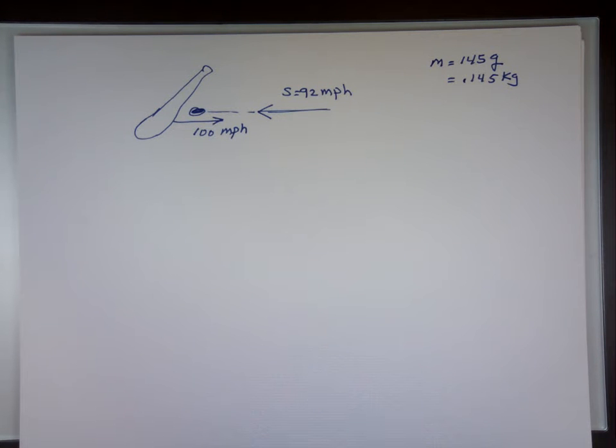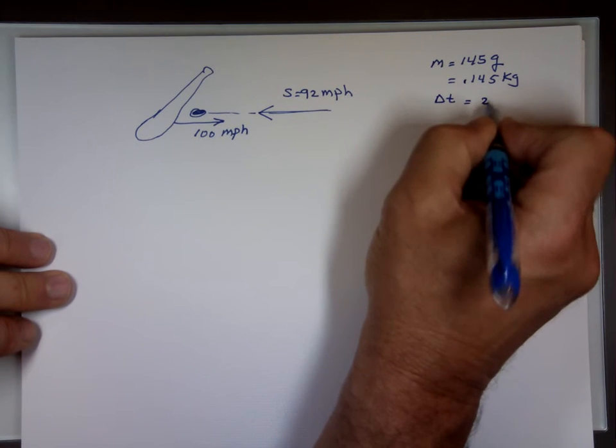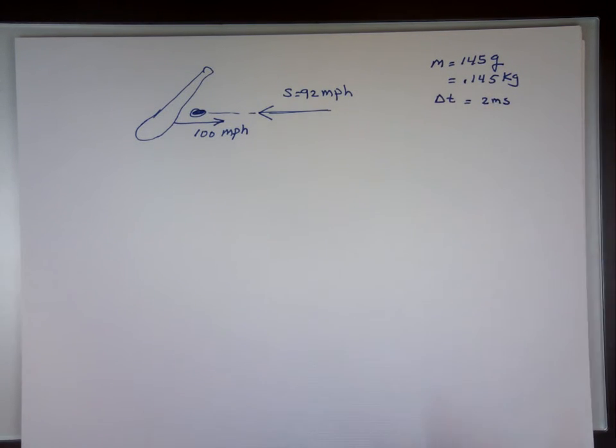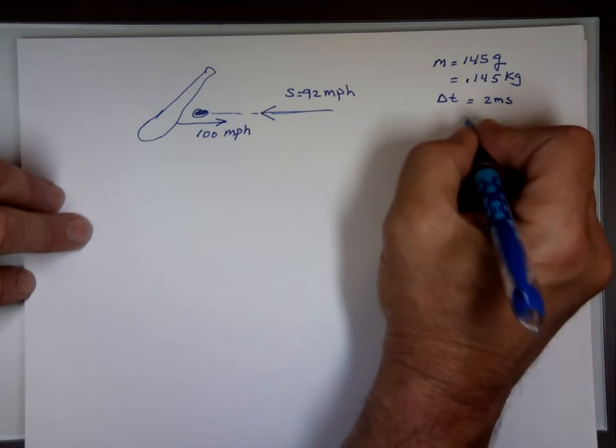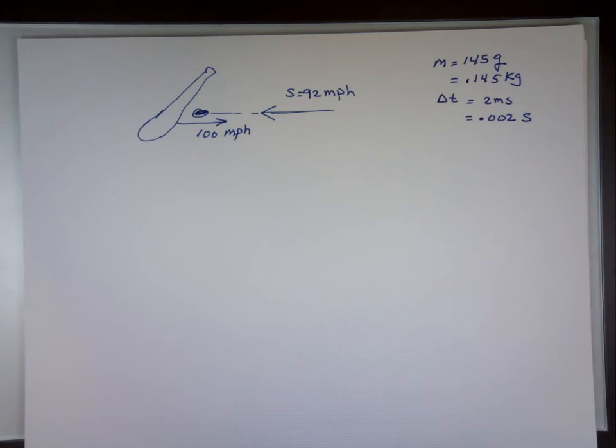The impact time, let's say 2 milliseconds, which in terms of seconds is 0.002 seconds. Milli is 10 to the minus 3. Usually the impact time is about 1, 2, 3 milliseconds for tennis, baseball, hockey, golf. When you hit them, the impact time is really short. The question: what's that average force?